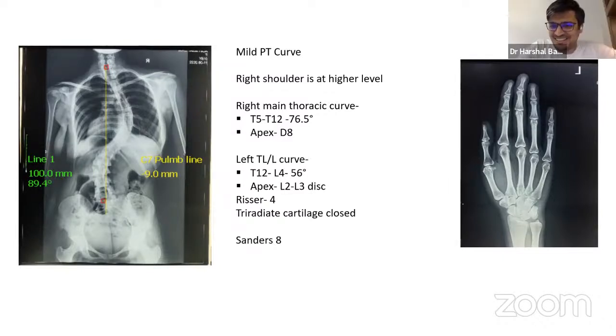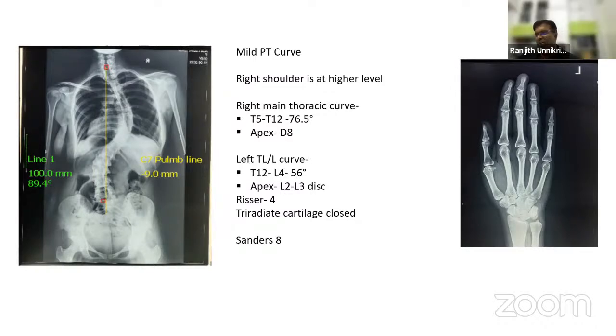Post menarche 16. Yes. Now you have opened yourself to a volley of questions from Shruti. Risser, Sanders, you'll get into big trouble with Sanders staging, Tanner's grade, you are getting into all this. You put a hand X-ray. You should not reveal this. Just don't get into it. It's pure theory. So don't ever put this X-ray.